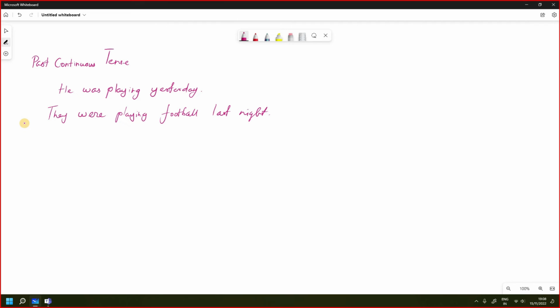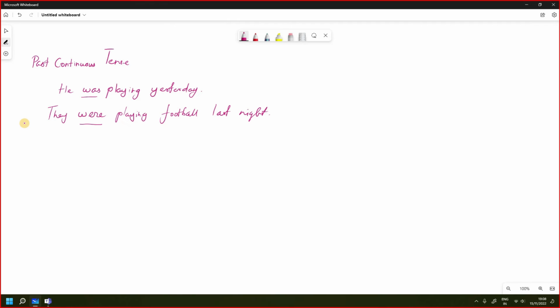Okay, so you look at the construction here. What are the auxiliary verbs for the past tense? It is was and were. Okay, this is very important. So you can use was or were, but you need to know where to use what, right?